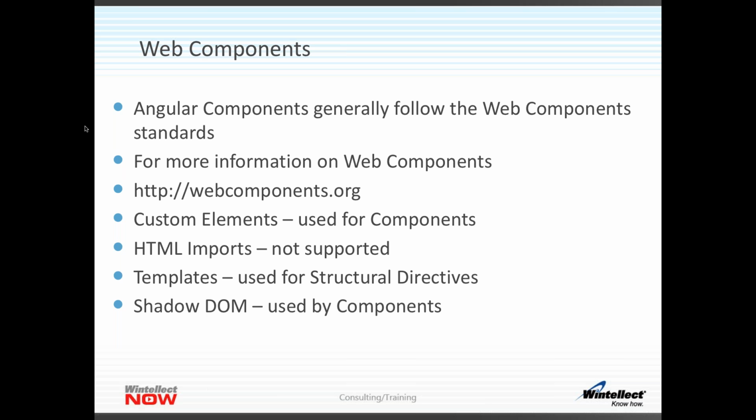There are really 4 W3C specs that pertain to web components: custom elements, HTML imports, templates, and the shadow DOM. Angular components make use of custom elements. They also can make use of the shadow DOM or an emulated shadow DOM. HTML imports really aren't used because we're going to be using ES 2015 modules to tie the parts of our application together, not so much using the HTML import structure.